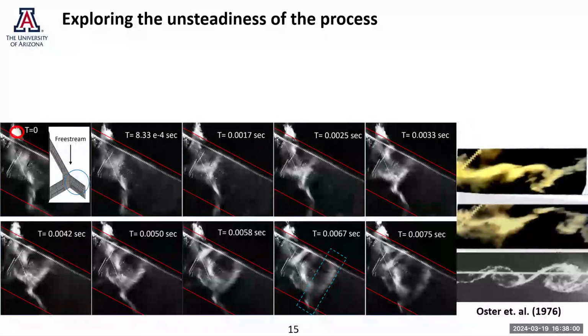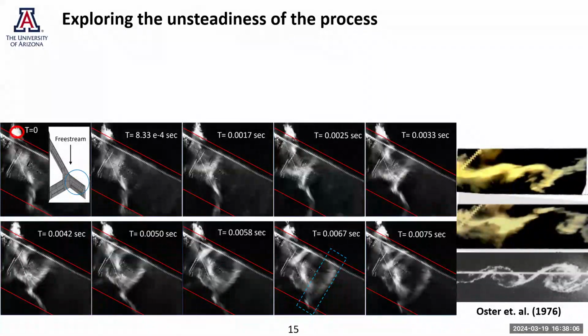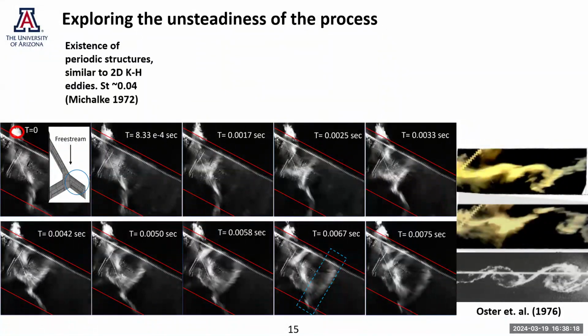Whereas in here, you can see that these vortices have an axial flow due to the entrained fluid from the inner part of the wing. So although from images it looks similar to 2D KH vortices, we do have three-dimensionality in the flow. So that does complicate our physics in here.